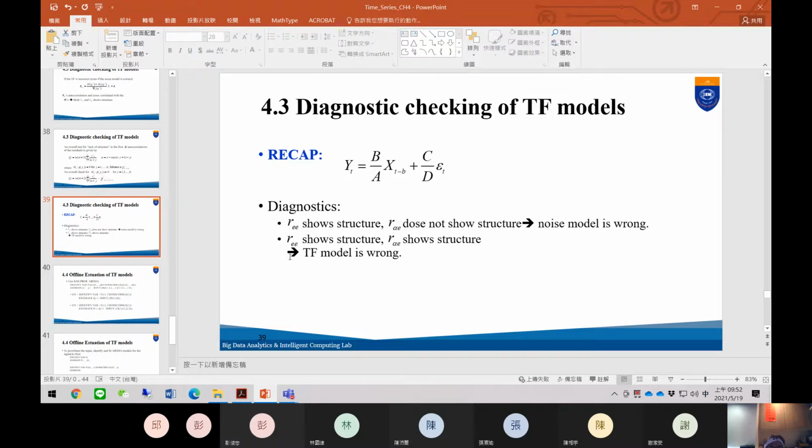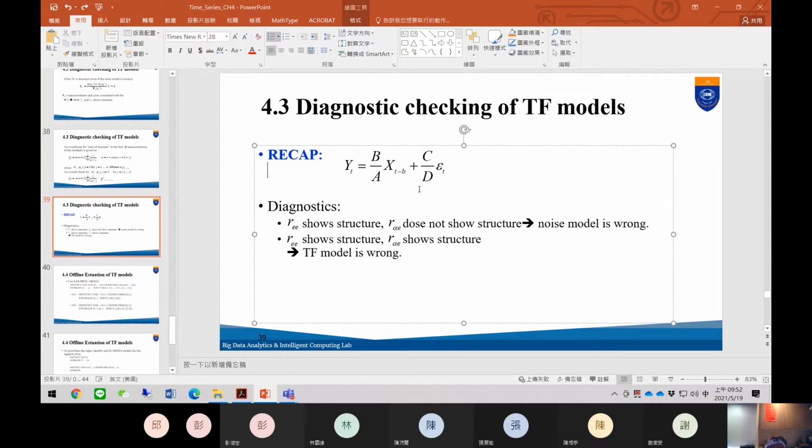Second, if the sample autocorrelation function shows structure and the sample cross autocorrelation function shows structure, both show structure, then we go back to the root cause: the transfer function is not correct. We need to consider how we can choose the right one.